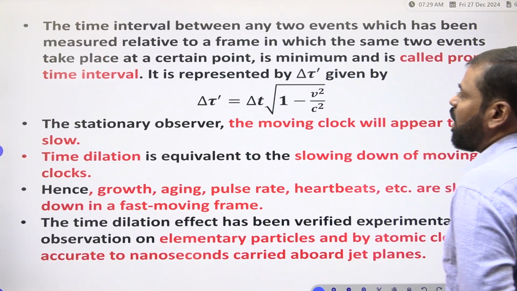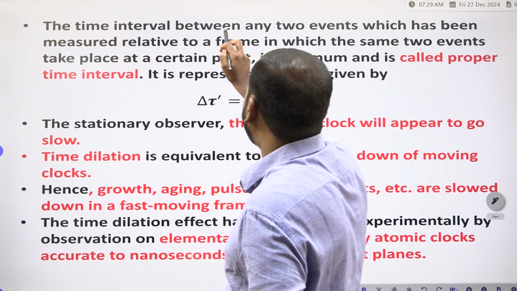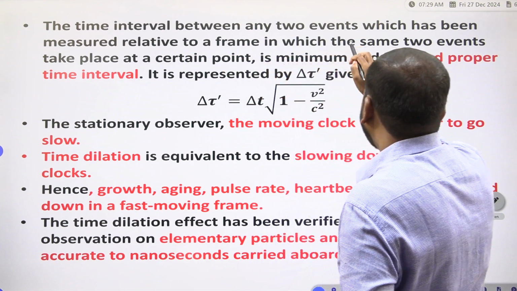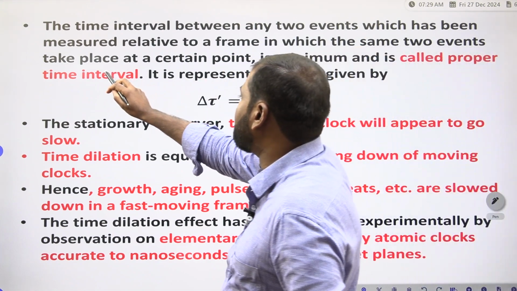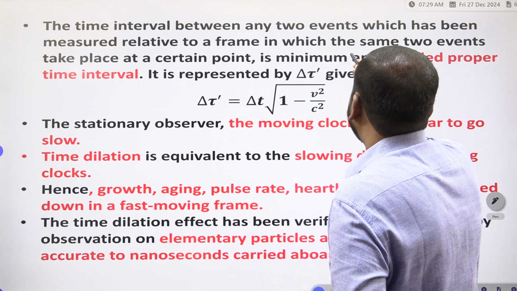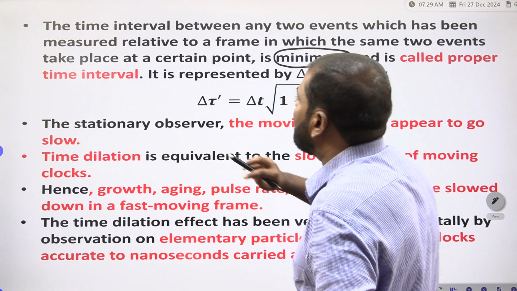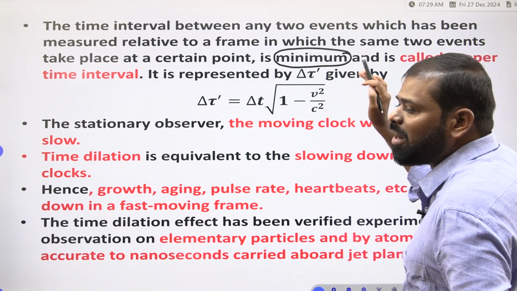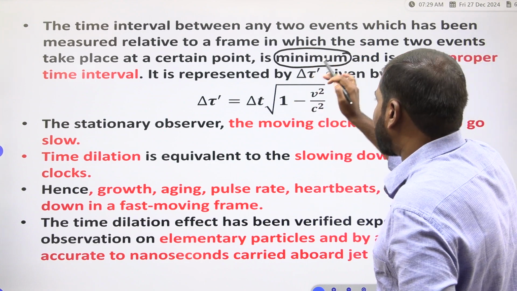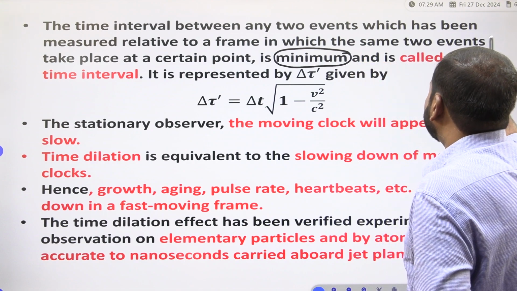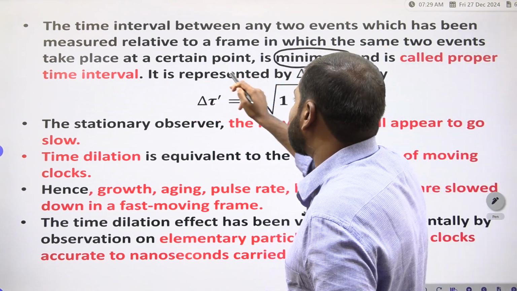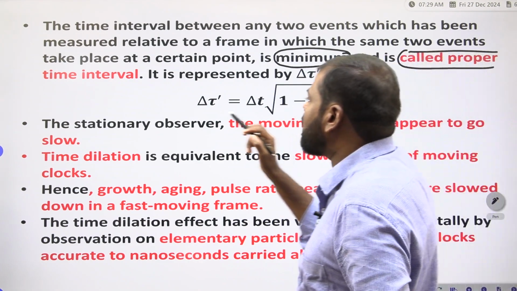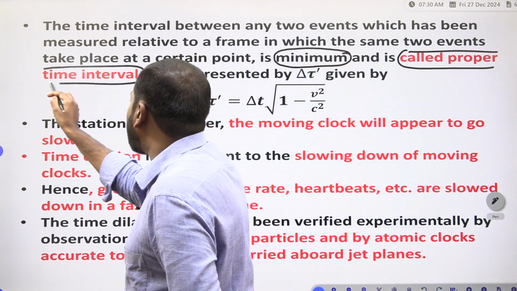Not only this, once again you have to see: the time interval between any two events, measured relative to a frame in which the same two events take place at a certain point, is minimum. This time interval we call the proper time interval.